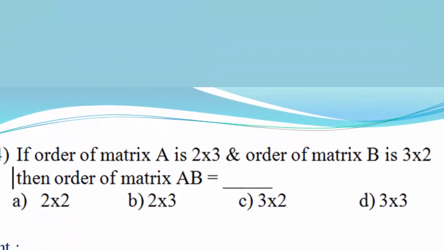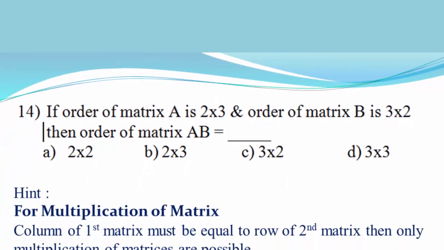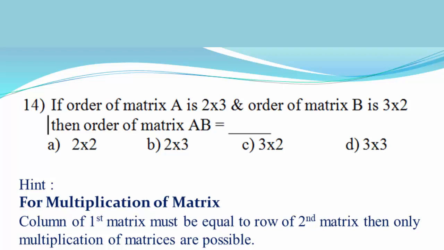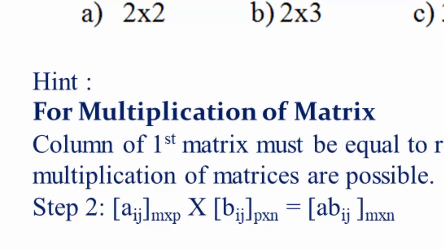Question number 14. If the order of the matrix A is 2 by 3 and the order of matrix B is 3 by 2, then the order of matrix AB is. Dear students, here we are going to use the concept of multiplication of matrices, where the column of the first matrix should be equal to the row of the second matrix, then only matrix multiplication is possible. That is, if Aij is a matrix of order m by p and Bij is a matrix of order p by n, then the product is a matrix of order m by n.